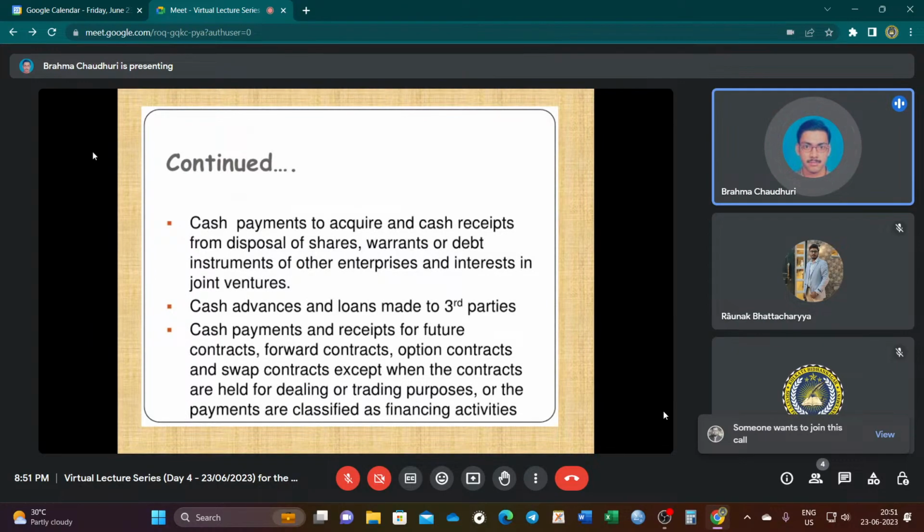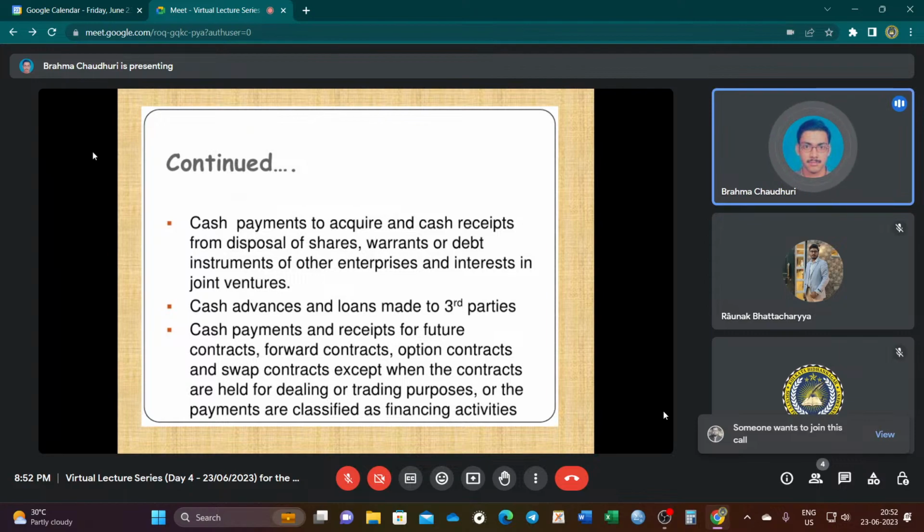Then again, we have cash payments made to acquire, and cash receipts from disposal of shares, warrants, or debt instruments of other enterprises and interests in joint ventures, or cash advances and loans made to third parties, or say cash payments and receipts for future contracts, forward contracts, option contracts, swap contracts, except when the contracts are held for dealing or trading purposes, or the payments are classified as financing activities. Except for these particular exceptions, whatever cash payments and receipts are made for various forwards, futures, options, and swaps also come under the purview of the investing activities.